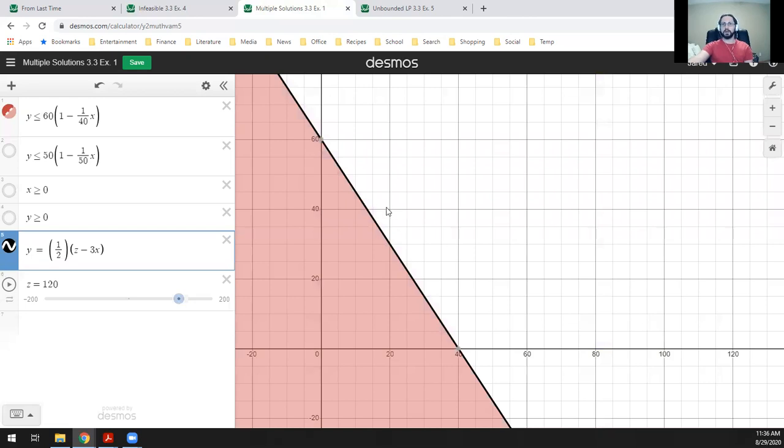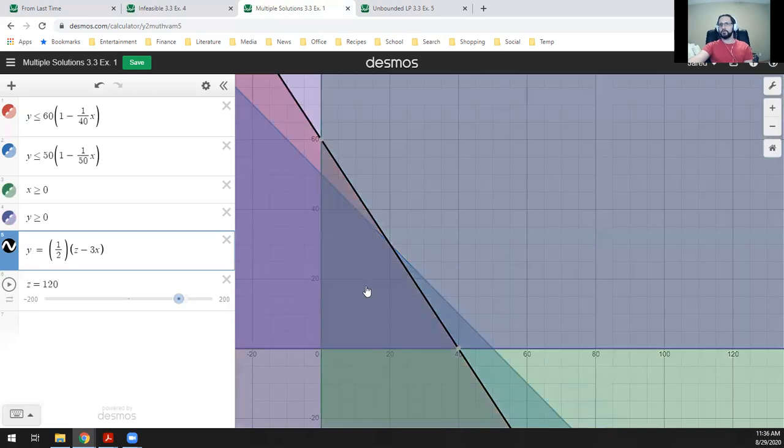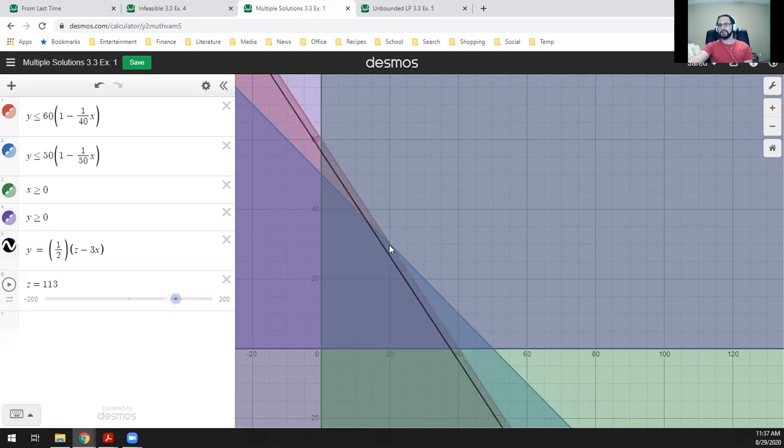The isocline appears to be parallel to this first constraint. So the solutions to this LP do occur at a corner. They occur at this corner, and the corner right there that we had visualized earlier.